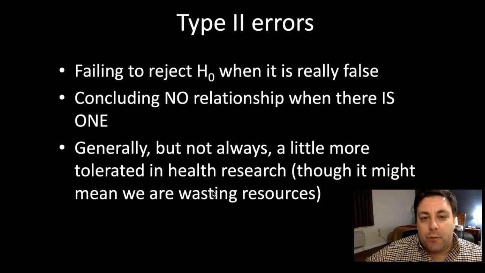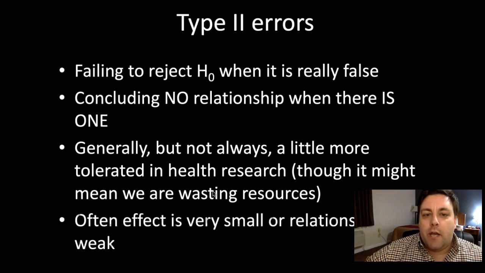In health research, we're actually a little bit more willing to tolerate a type 2 error, because if we see no relationship when there is in fact a relationship, what this means is that we're not actually likely to do any harm to anyone or use an intervention that's actually going to cause any harm. The worst case scenario is that it might waste resources or something like that. But typically in health-oriented research, we're more concerned with type 1 errors than we are with type 2 errors.